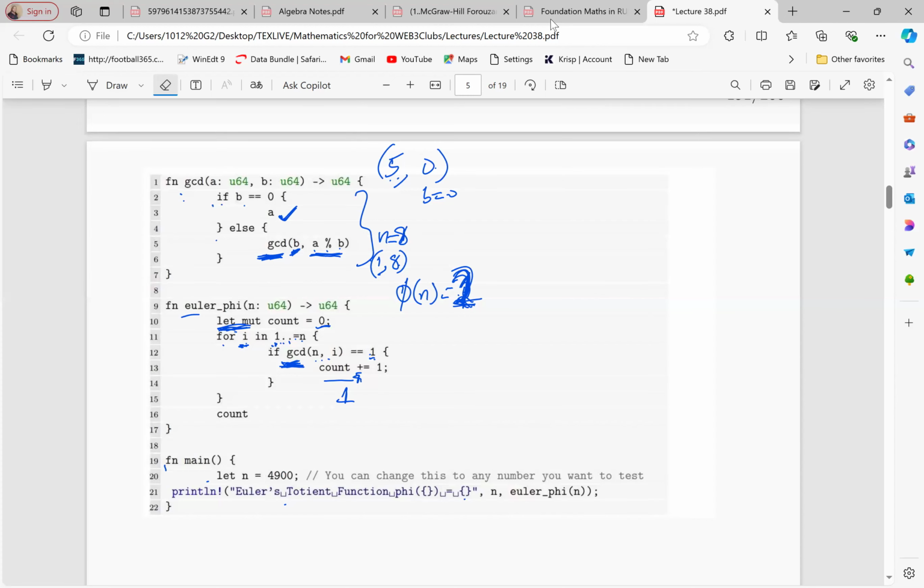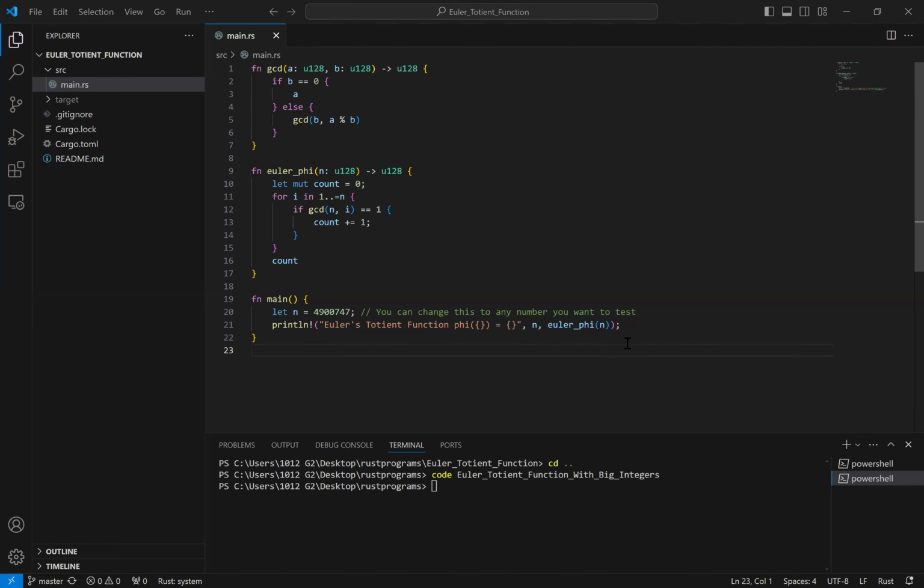So let me just show you how it runs. Okay, so here it is. I think you can see it.